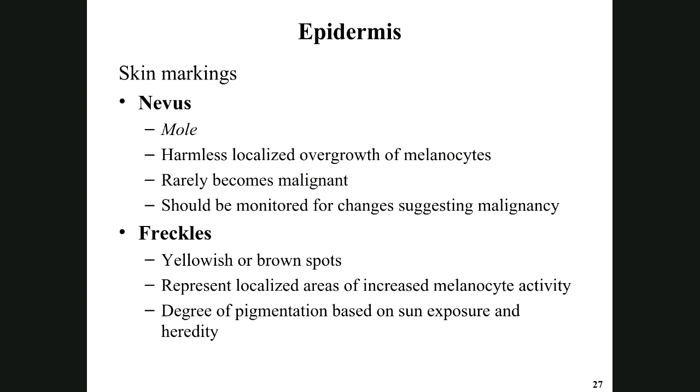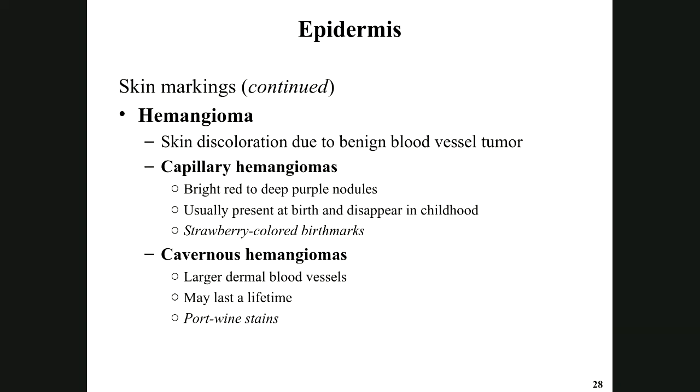The other problem of the skin is called hemangioma. Hemangioma is a skin discoloration due to a tumor of the blood vessels. We have two types of hemangioma. One of them is called capillary hemangioma. In this problem, we have bright red to deep purple nodules on the surface of the skin.